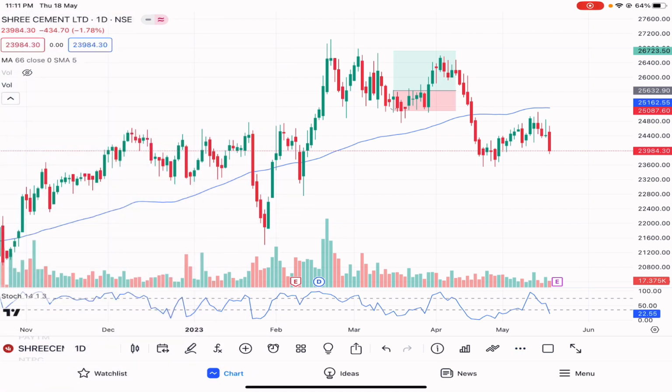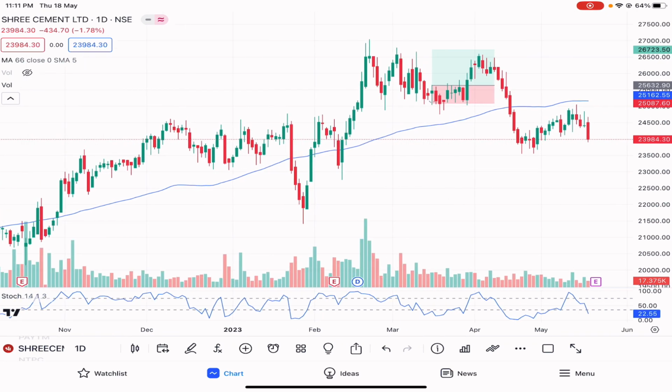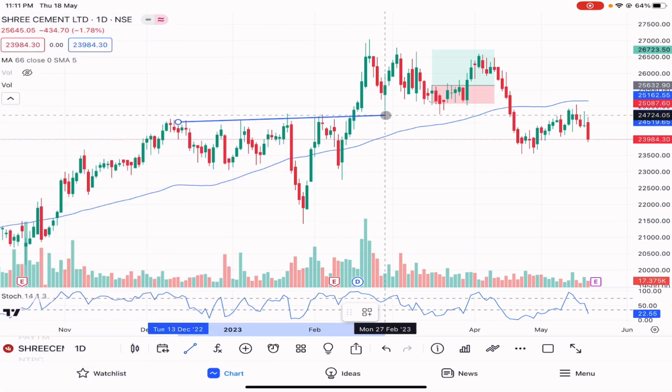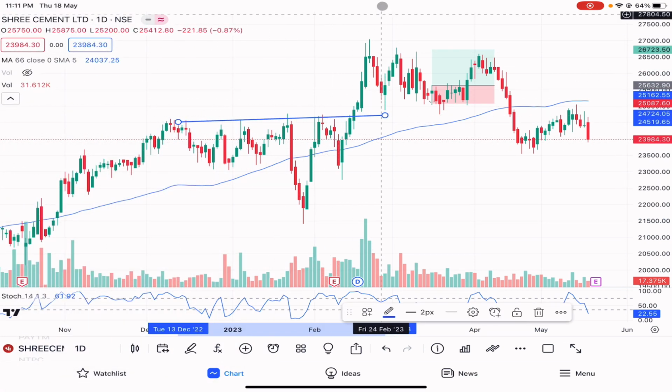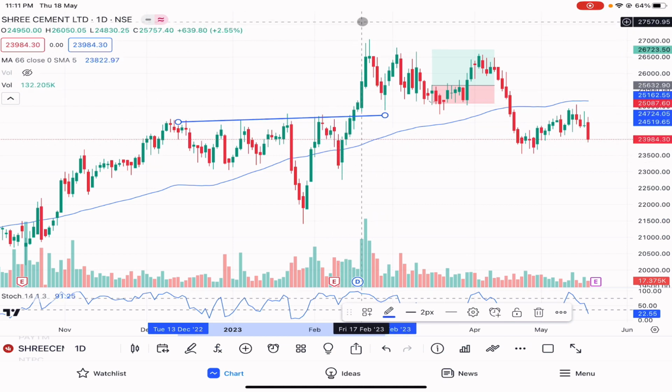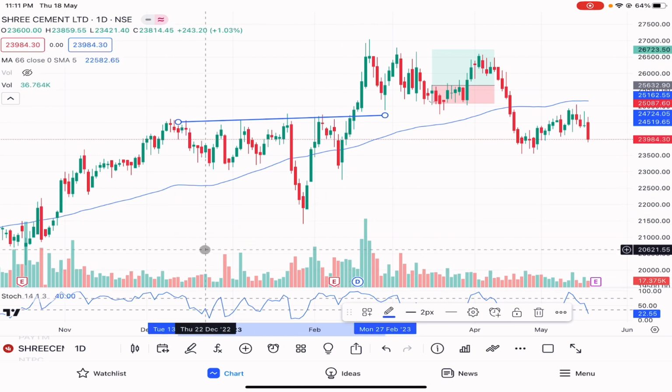Okay, if you look at this chart over here, if you look at this zone, the zone broke out and the price did go up, but the price didn't go that much up because the volumes weren't that high over here. Anyway, that's not what I'm saying. I want to show you what a false breakout is.